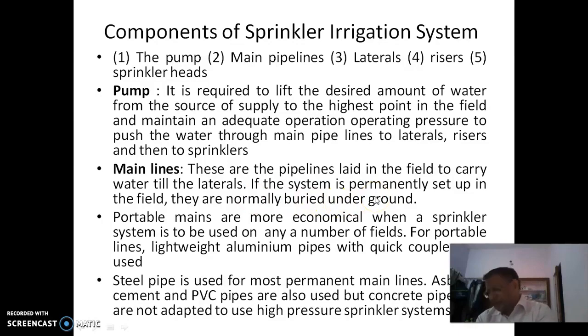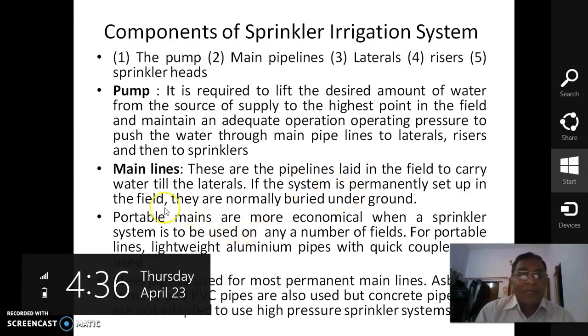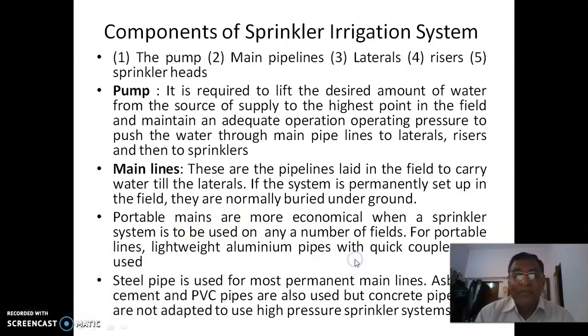If you are going for a permanent setup, it is advisable to lay at least the main pipelines underground rather than shifting them every time. Portable mains are more economical when a sprinkler system is to be used on any number of fields.